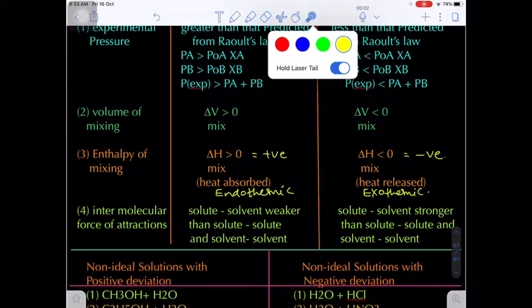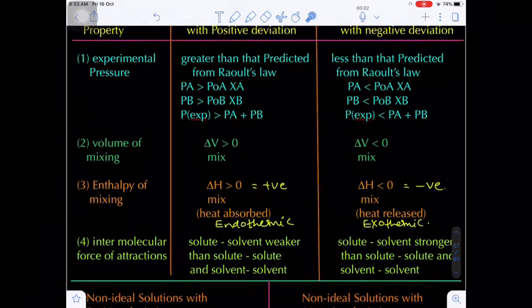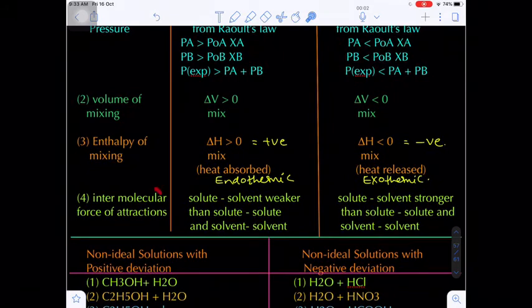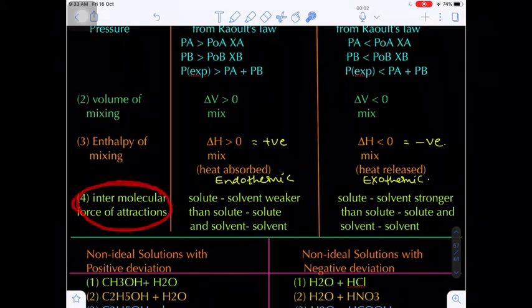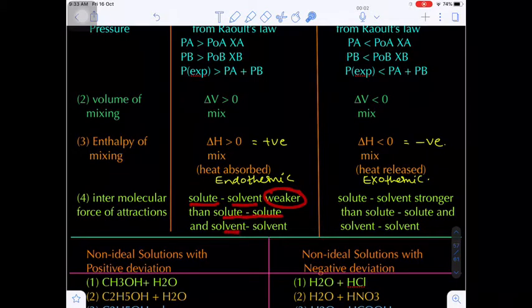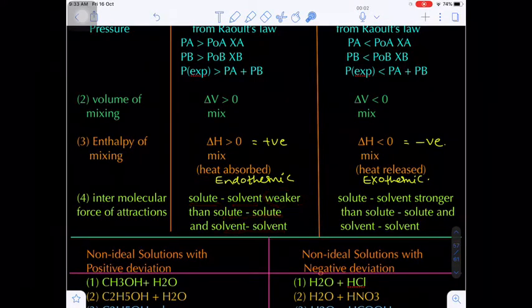And one more difference, the main difference between the non-ideal solutions showing positive deviation from Raoult's law and negative deviation from Raoult's law, depends upon the intermolecular force of attraction. Suppose the solute-solvent intermolecular forces are very weak as compared to solute-solute and solvent-solvent.